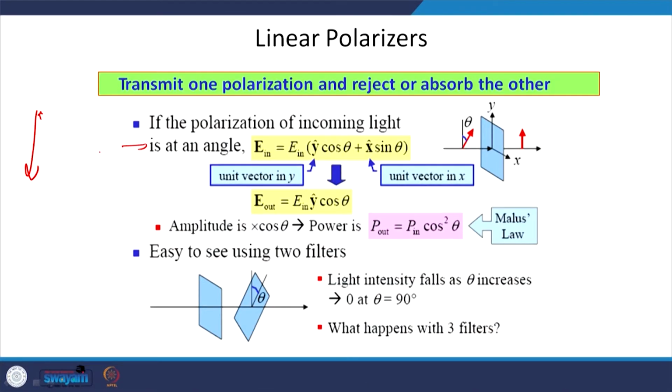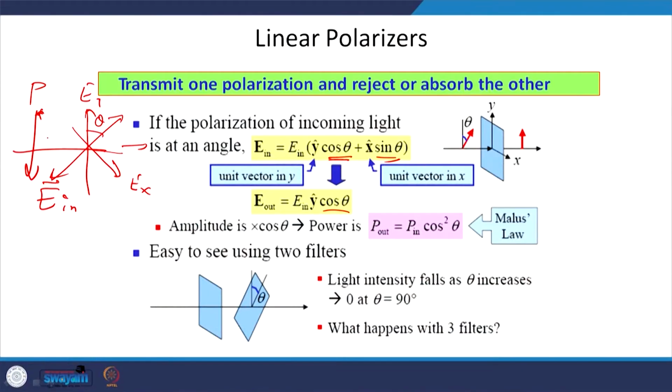If the polarization of the incoming light is at an angle, suppose this is my polarizer P and the light which is coming has a polarization at an angle theta, then I can resolve it in two components, say E x and E y, that will be cos theta and sin theta components, and what is coming out is actually E cos theta, because it is making an angle theta with this.